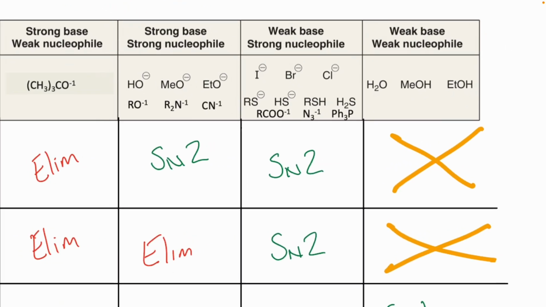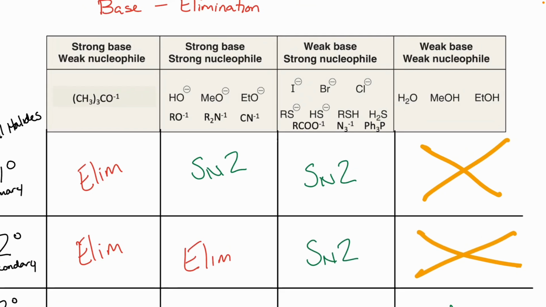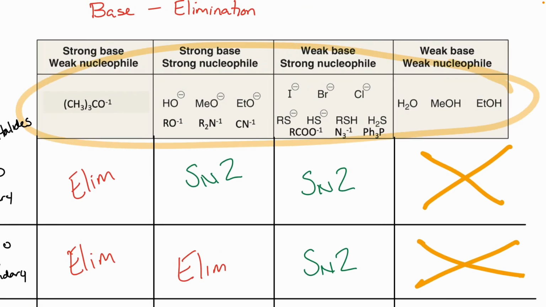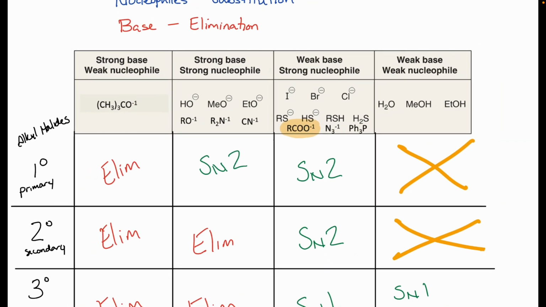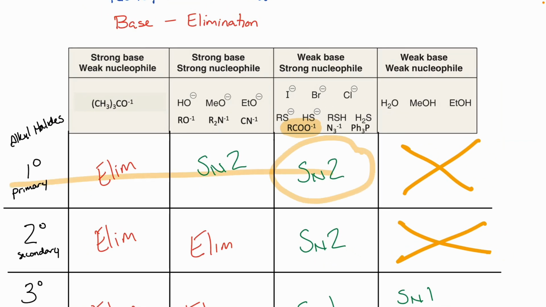This is kind of a difficult one to spot because it's all written in condensed formulas here. Yep, weak base, strong nucleophile. So specifically this thing right here, RCOO minus. So it would be an SN2 reaction here, right? Because we've got primary, and we've got a weak base and strong nucleophile. So this would be an SN2 reaction.